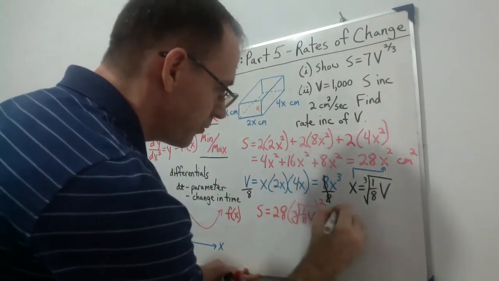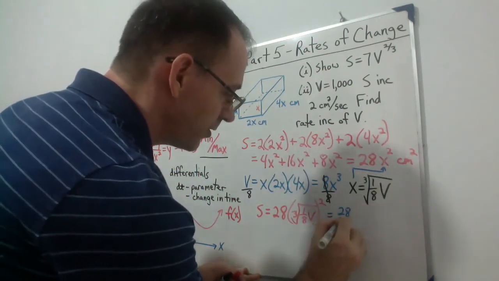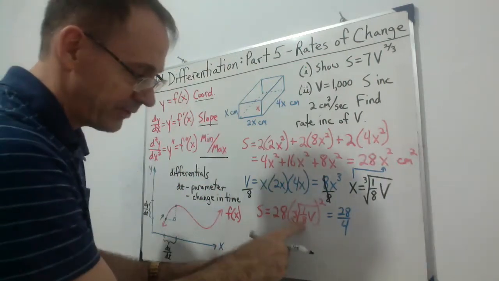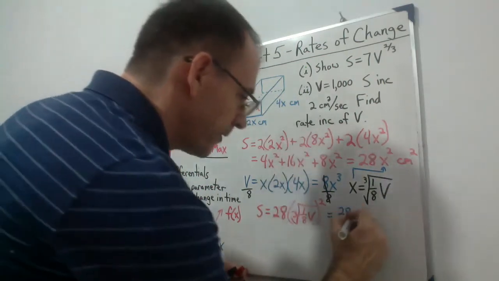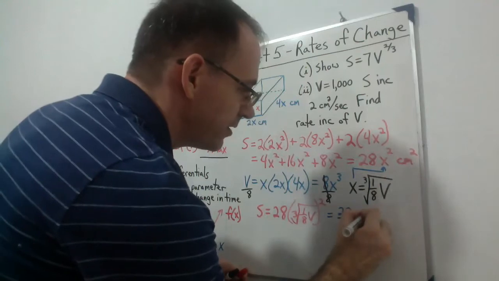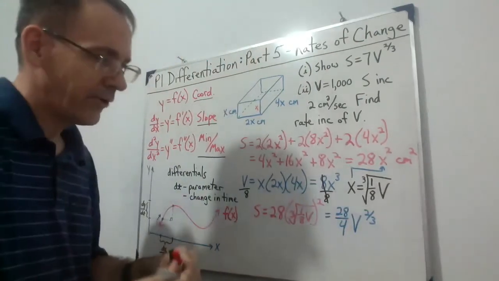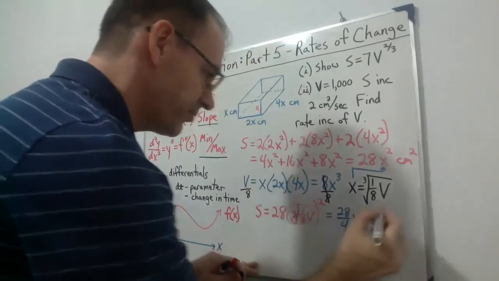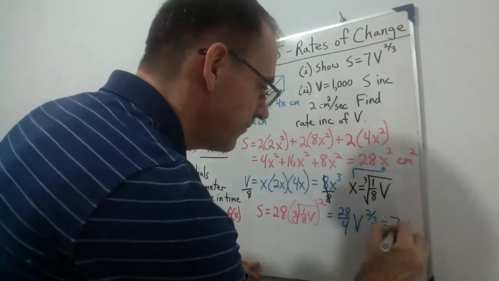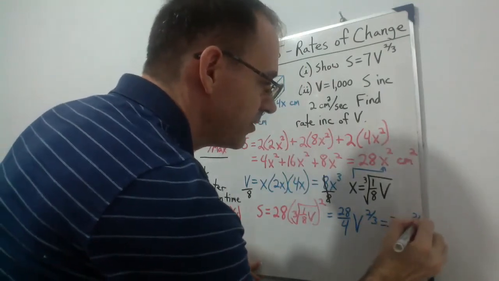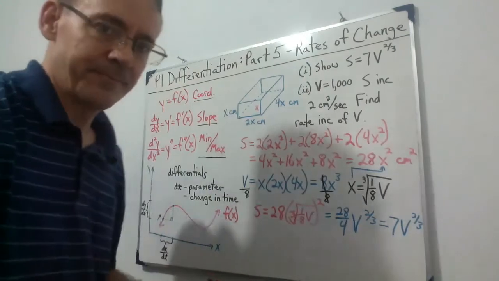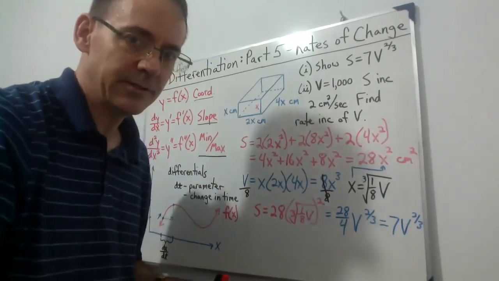So what we end up with is 28 over 4. Cube root of 8 is 2, squared is 4, and we get v to the 2/3 power. So this reduces to 7v to the 2/3.